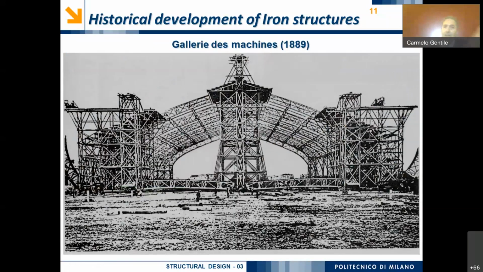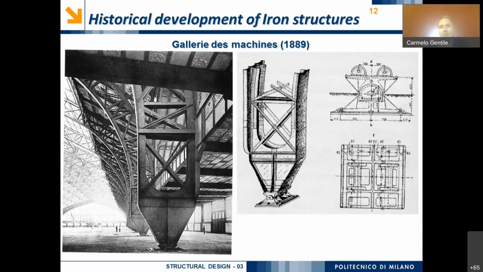A very nice iron structure that was built for the Expo in Paris in 1889 was the Galerie des Machines. Unfortunately, it was demolished after the completion of the Expo.